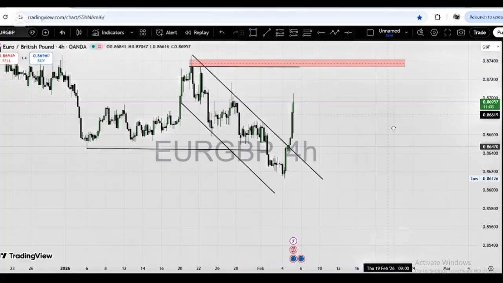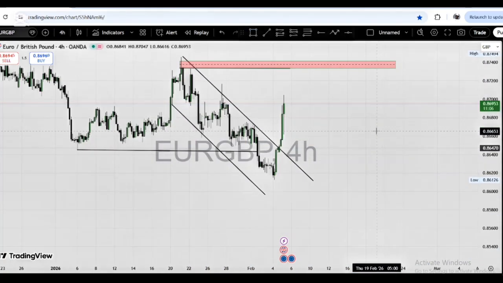You understand. So what we do for the multi-time frame analysis, now we've seen that price is going up, right? And we are looking forward to sell this move, you understand, when it has gotten to this area.